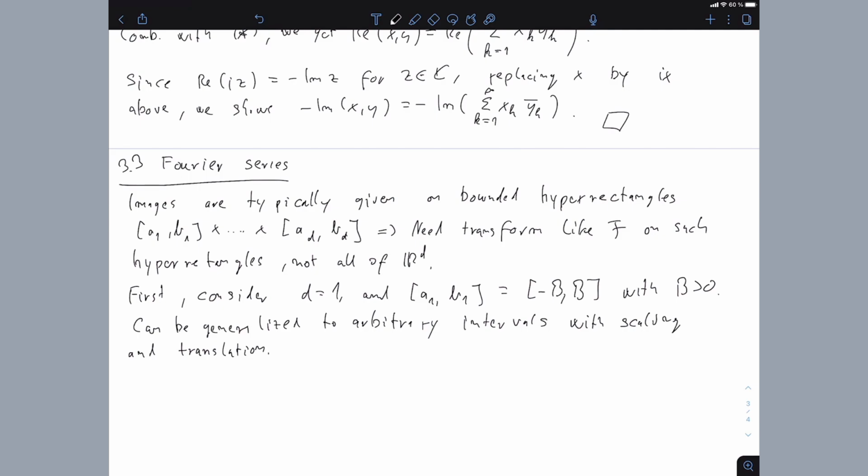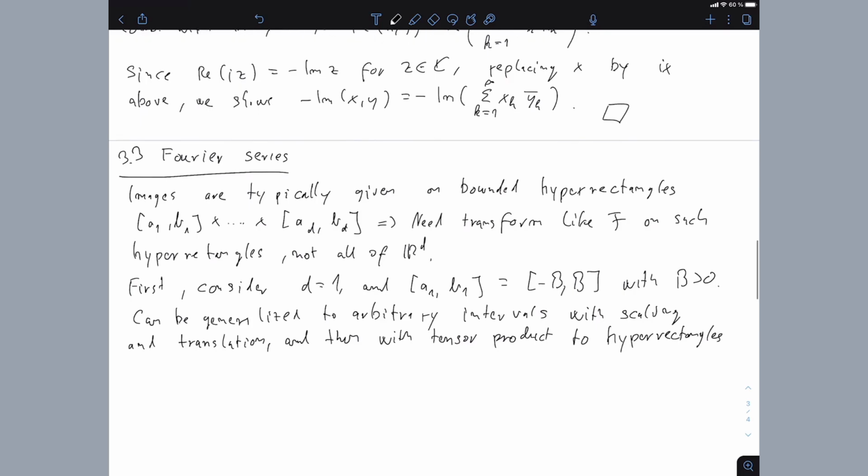And then with the tensor product, to hyper rectangles in any dimension.